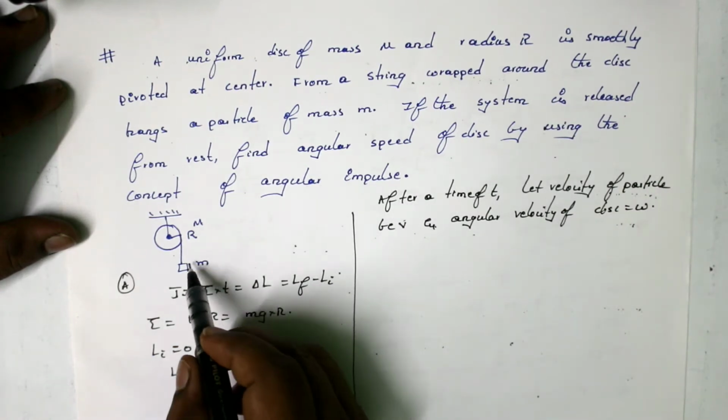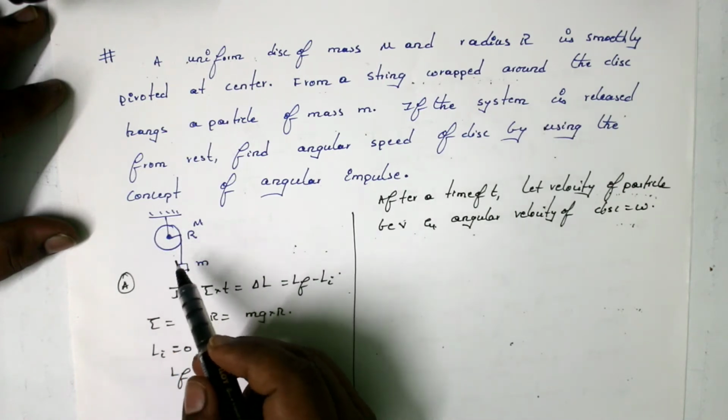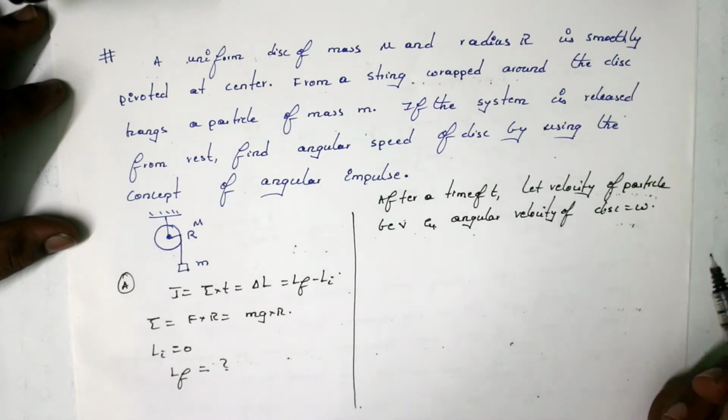So after a time of t, this particle has reached a velocity of v, and this has a rotational velocity of angular velocity omega.